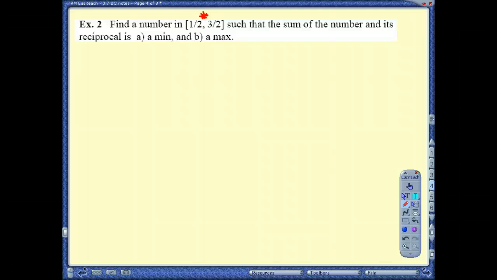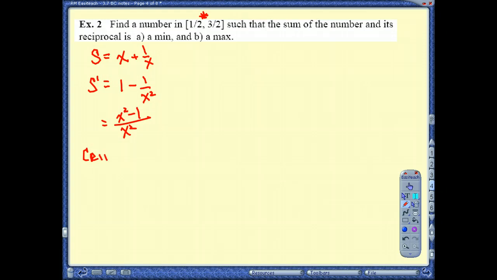Okay? So let's find our equation. We're looking at the sum of a number and its reciprocal. I'm going to go ahead and find my first derivative. The derivative of x is 1. The derivative of 1 over x is negative 1 over x squared. Get a common denominator. It's going to make it easier for you to find your critical points.